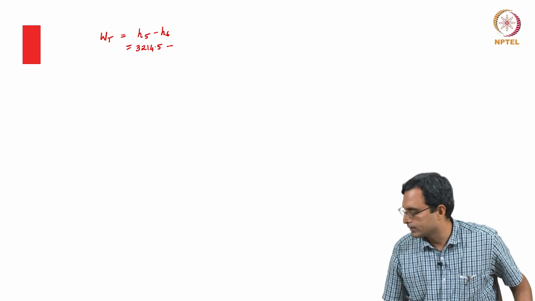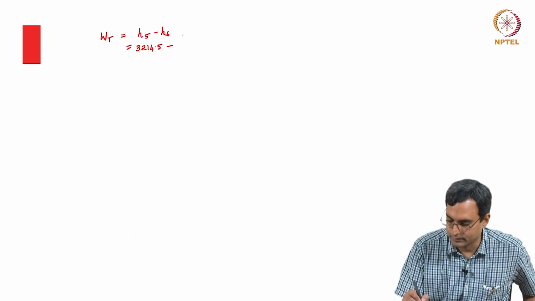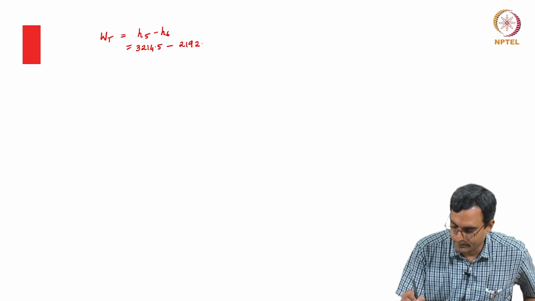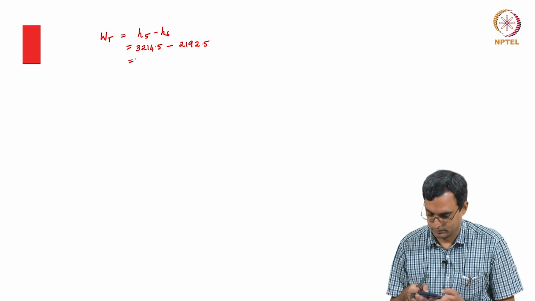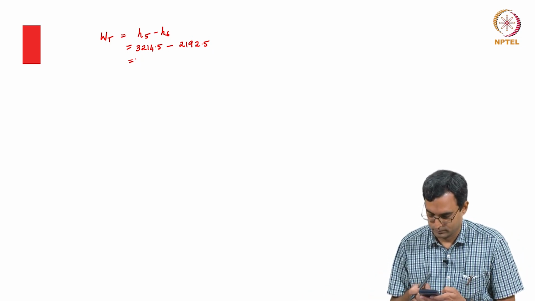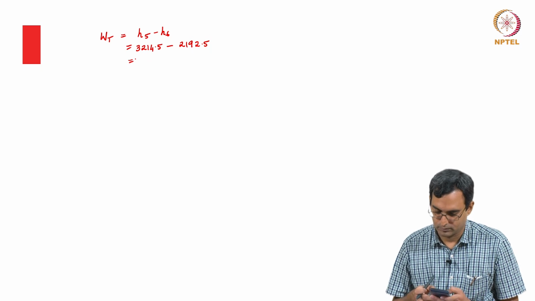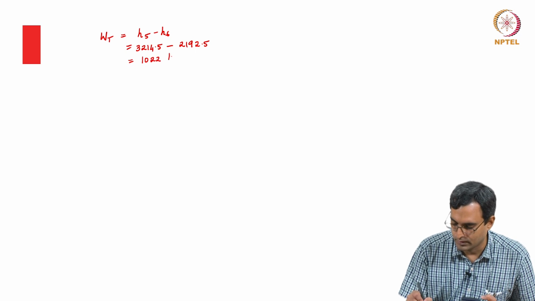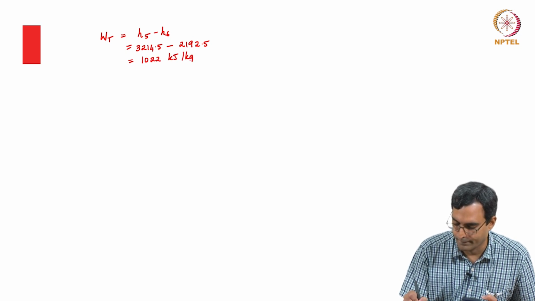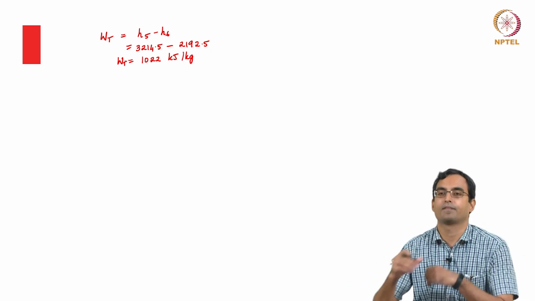And at the outlet is essentially what I just found out, 2192.5, which is 1022 kilojoule per kg. So, this would be the work I would have got if this process was isentropic.